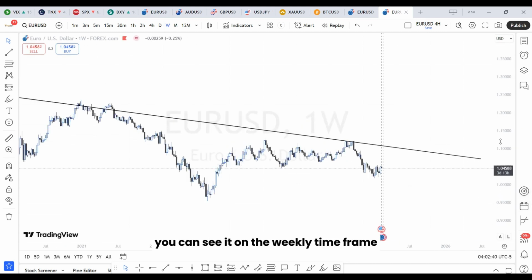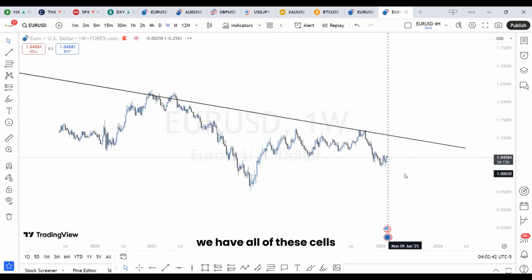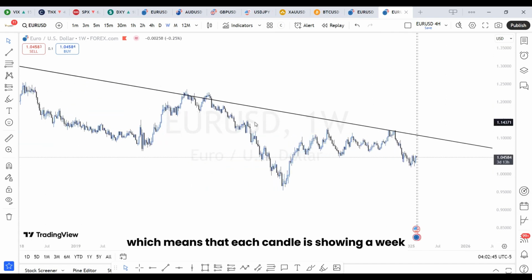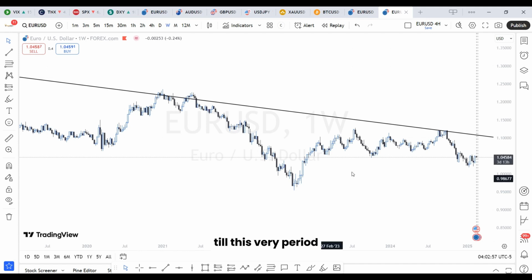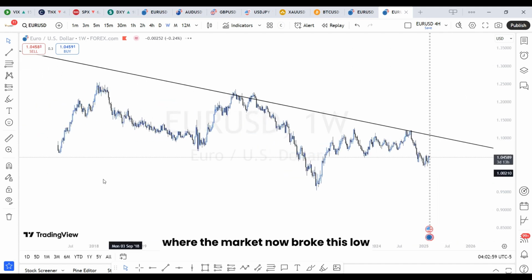You can see it on the weekly time frame. We have all of these candles, which means that each candle is showing a 1 week representation of price. So if we were to be selling, we would have been selling every week till this very period where the market now broke this low.